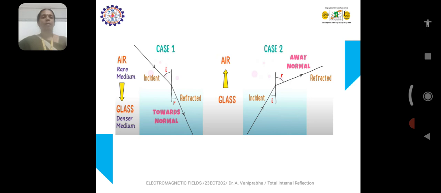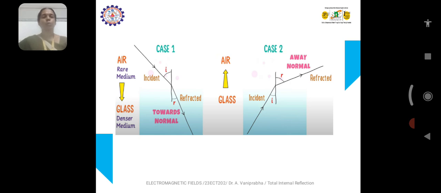Okay. So from these two cases we can understand that whenever a light ray travels from air to glass, there also the bending of the light ray occurs. One thing we have to notice here is the refracted ray is closer to the normal line, or it is towards the normal line.